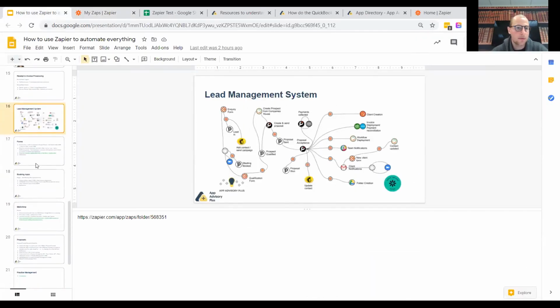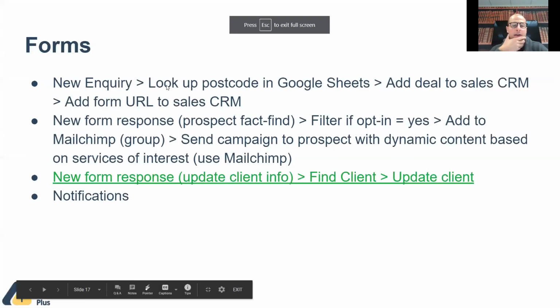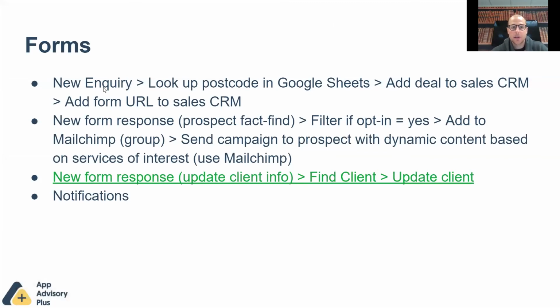I'll run through this as quickly as I can, as we've only got 8 minutes left. So let's have a look at some of the form ones. If you get a new inquiry, this top one is useful if you've got different pipelines in a CRM that are based on a location, or based on, I don't know, a partner.